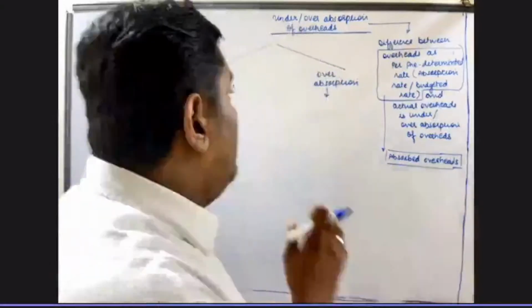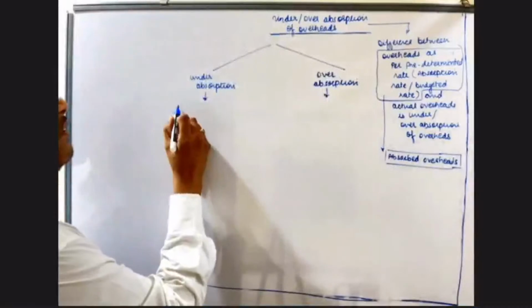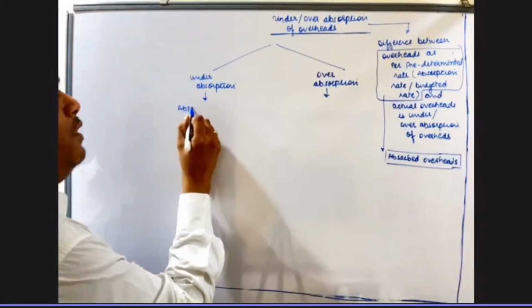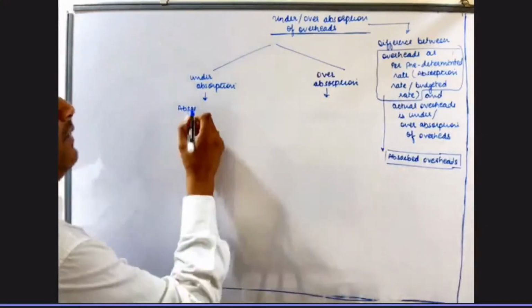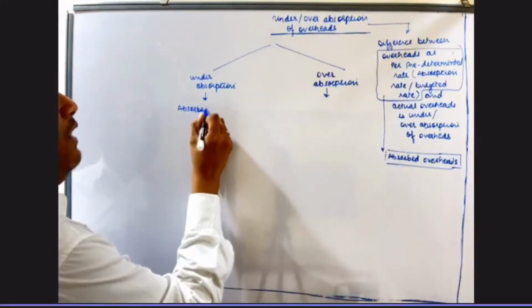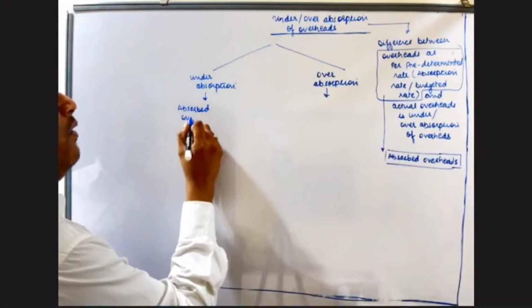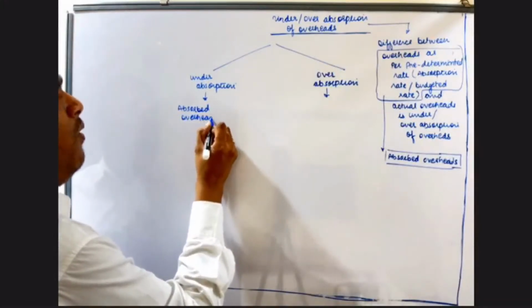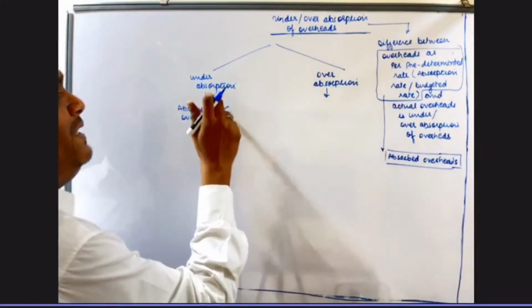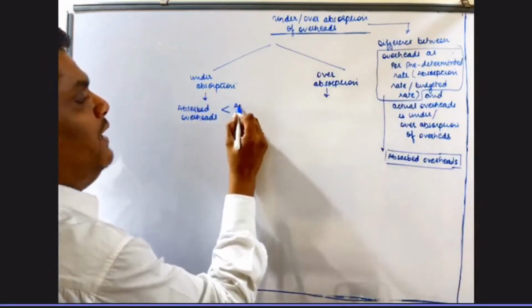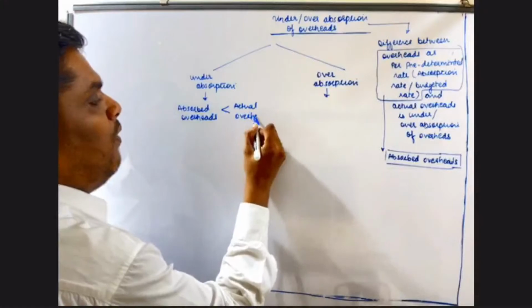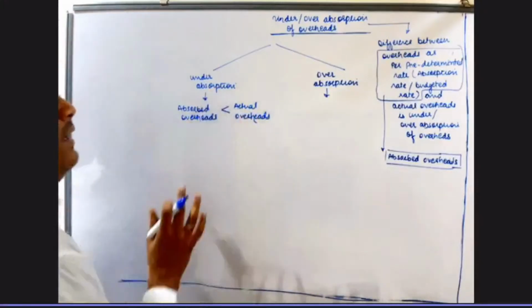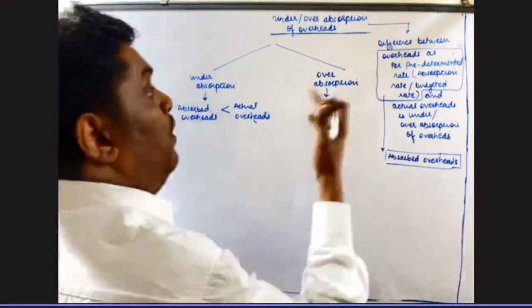What is under absorption? If the absorbed overheads, that is overheads as per predetermined rate, are less than actual overheads, it is under absorption. And over absorption, it means what?